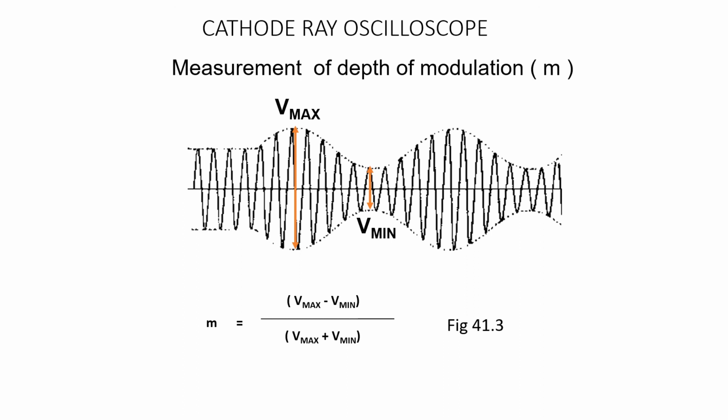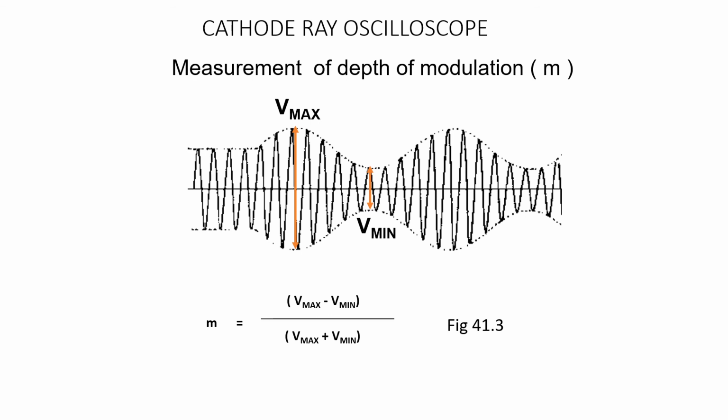Next, if you want to measure the phase difference between two sine waves, then you have to see the time difference between the waveforms reaching the same point. That gives you the phase difference of the sinusoidal waveforms.